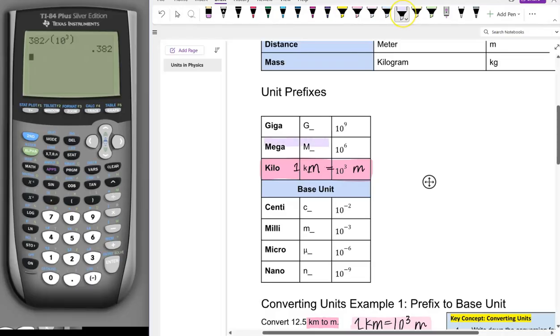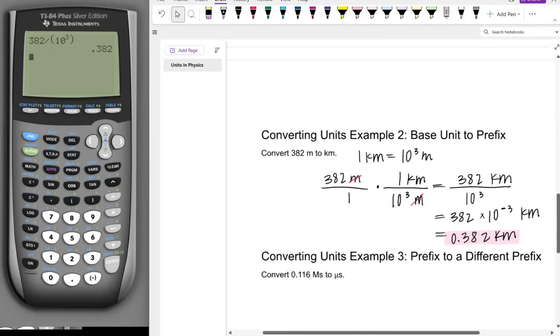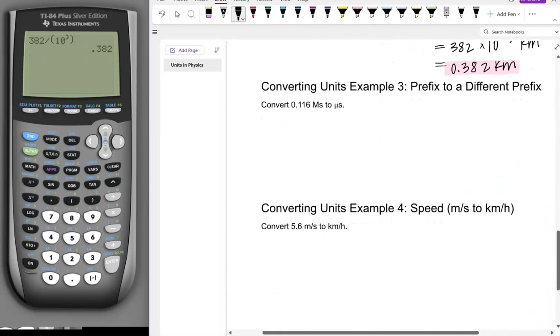So first, let's find the mega. Here we see that 1 megasecond is equal to 10 to the 6th seconds. So let's write that down first. 1 megasecond equals 10 to the 6th seconds.